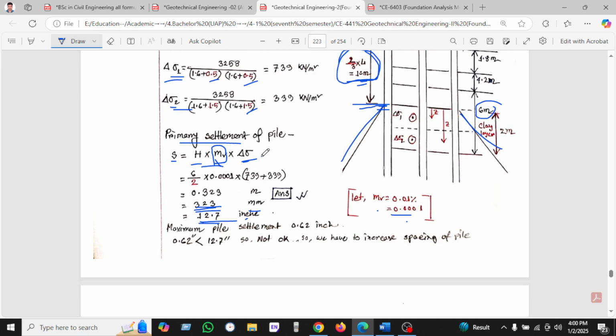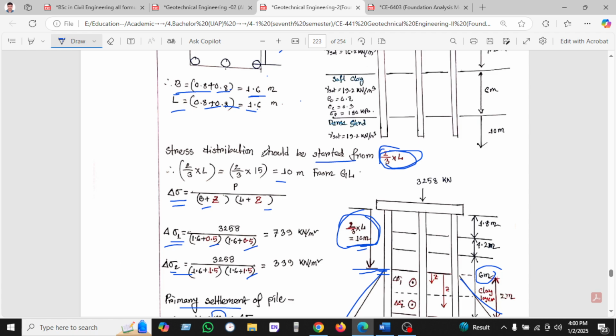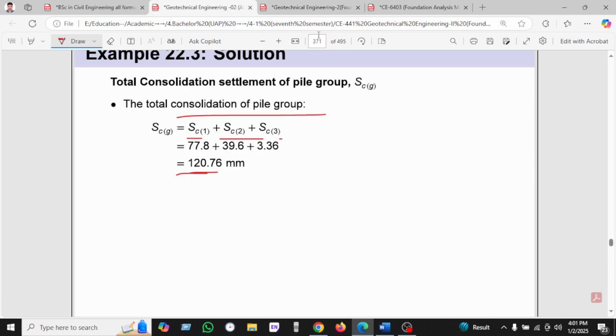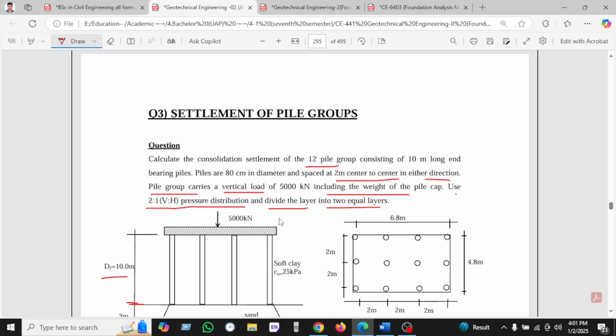Okay, so let's see another example. Here is another example of settlement of the group pile.